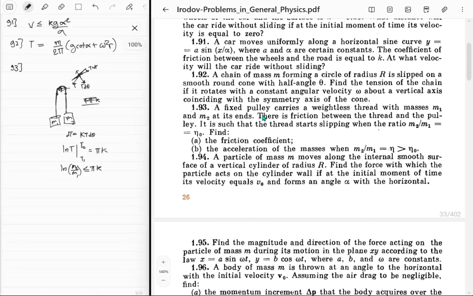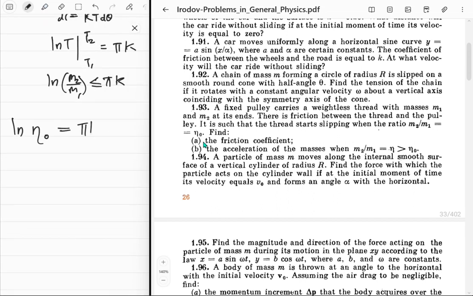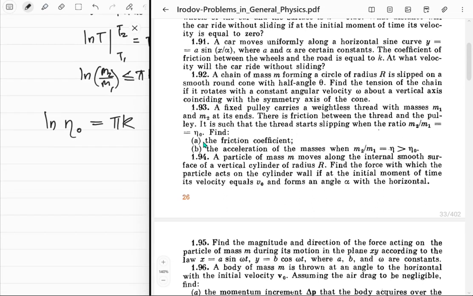Cool. So part three, what do you want to find? Friction coefficient. The thread starts slipping when this ratio is mu naught. So the natural log of mu naught will be equal to pi times k. Cool.